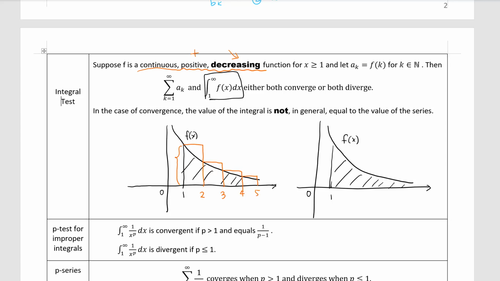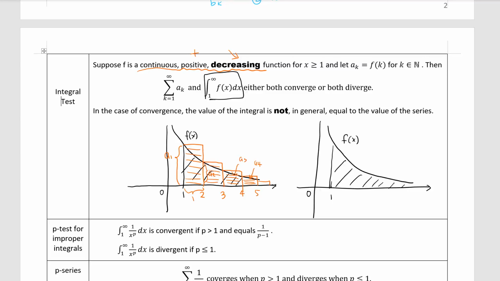So f of 1 is actually a sub 1. Then what is this area? Well, that's a sub 1 times 1, since the length of this interval from 1 to 2 is 1. Next, what is this one? This is a sub 2, so the area is a sub 2. Then this is a sub 3, and this is a sub 4, the area.